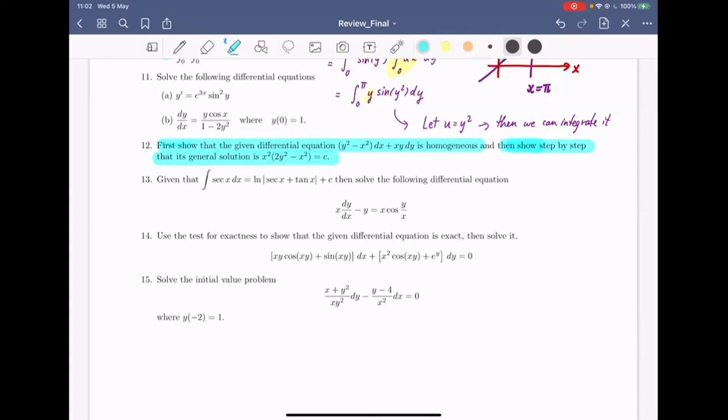The last form that we want is x squared times (2y squared minus x) equal to a constant c. Well, that is your solution. You need to start from the beginning, show that this equation is homogeneous, and its general solution is going to be that.